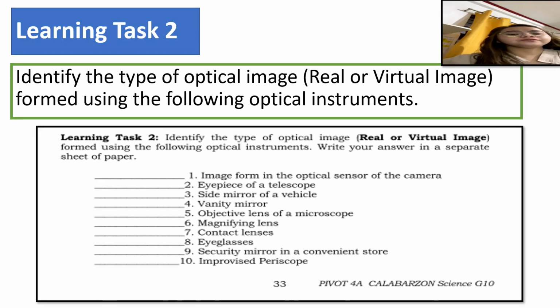For the instruction of learning task 2, identify the type of optical image, whether real or virtual, formed using the following optical instruments. From numbers 1 to 10, kindly read carefully, understand and analyze the situation, then determine if it is a real or virtual image.